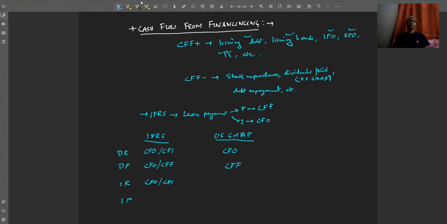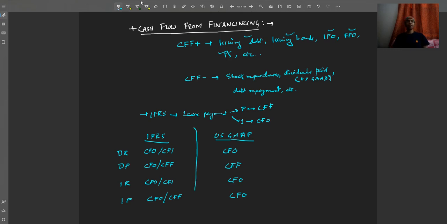Interest received under US GAAP is strictly an operating activity. Interest paid under IFRS can be an operating activity or a financing activity, but under US GAAP it is strictly an operating activity.